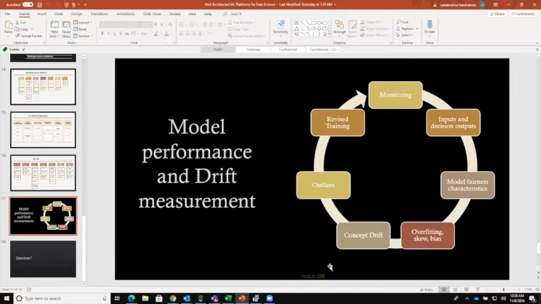Essentially, you want feedback from your model, and the feedback gets to revised training, and revised training leads to more monitoring while managing to understand outliers, any skews, bias, or fairness.